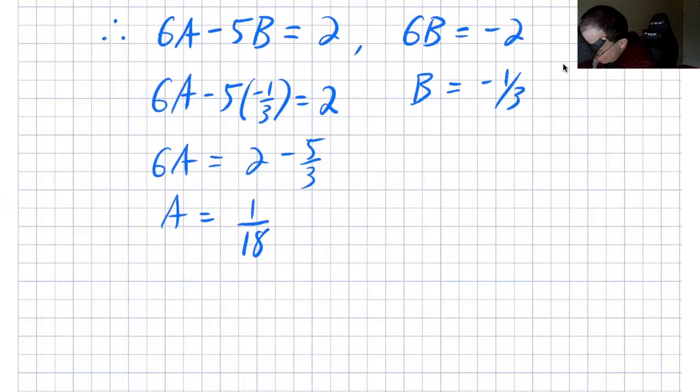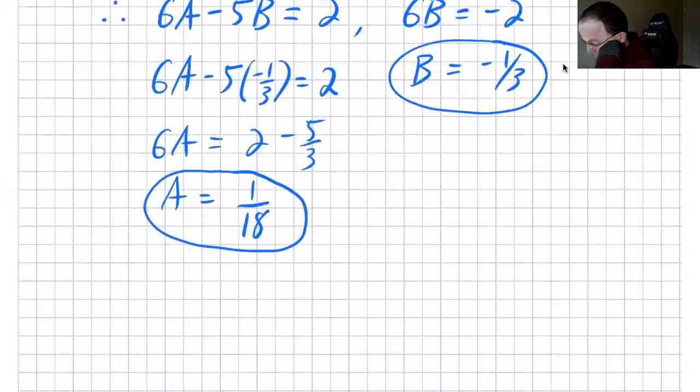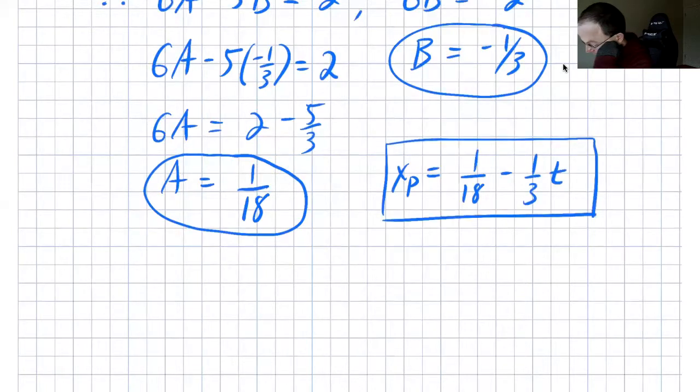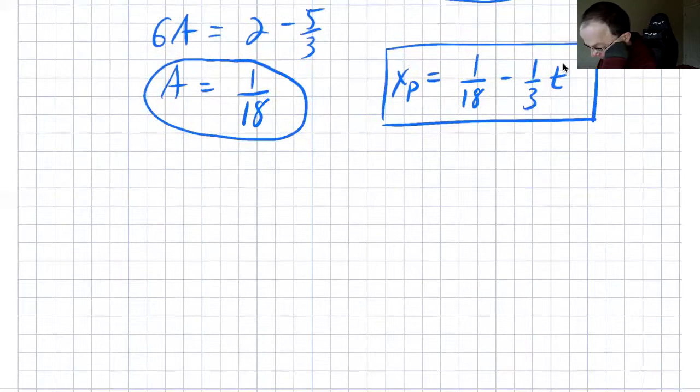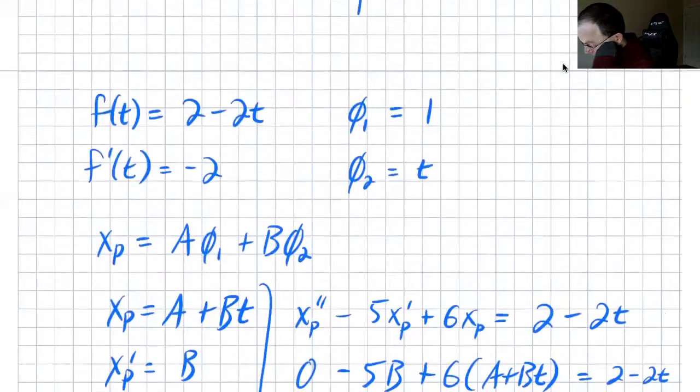Okay, so there's our coefficients that we needed. And so therefore, the particular solution is going to be 1 over 18 minus 1/3 times t. There's our particular solution. And so therefore, the general solution for x of t is the complementary solution, this guy.